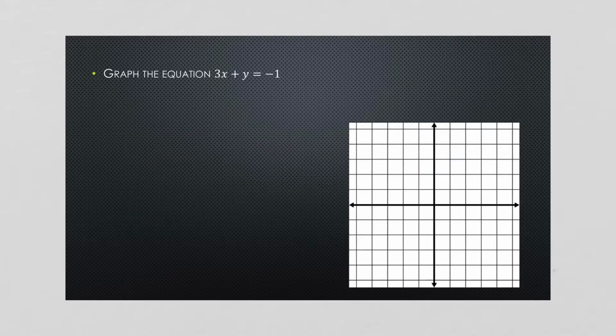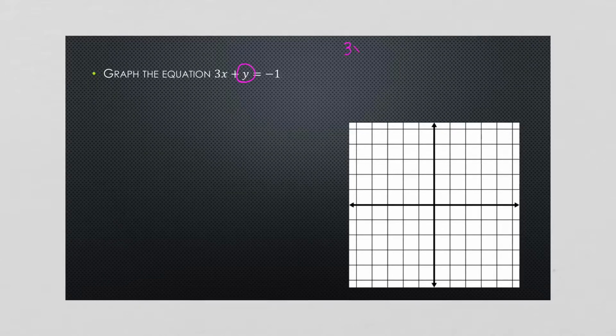Okay, so for this one, notice how it looks just a little bit different. We've got this one in standard form. So I honestly recommend that if you have something in standard form and this y does not have a number or a coefficient in front of it, then you should put it in a form like the problems that we just got finished doing.